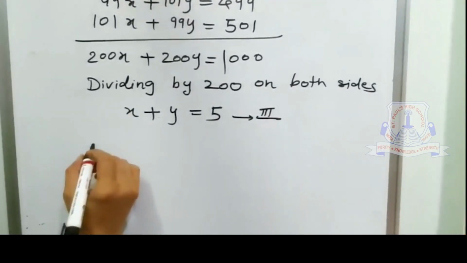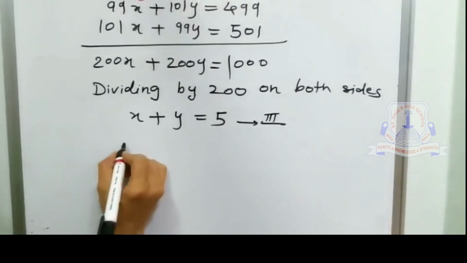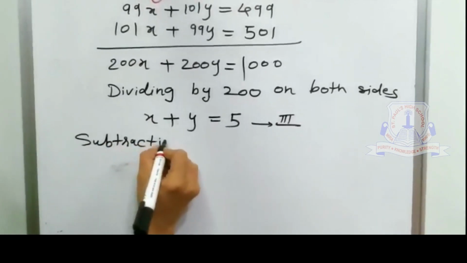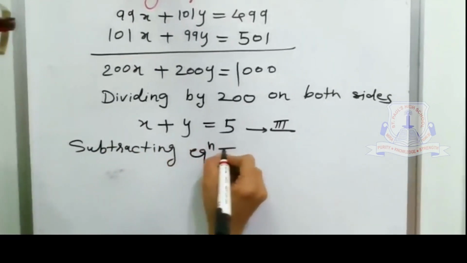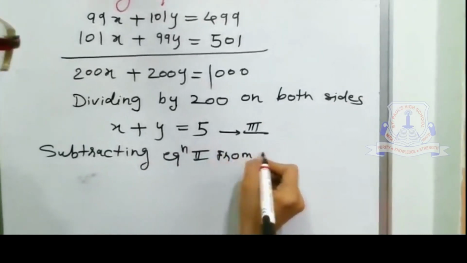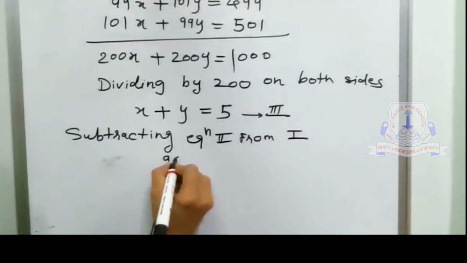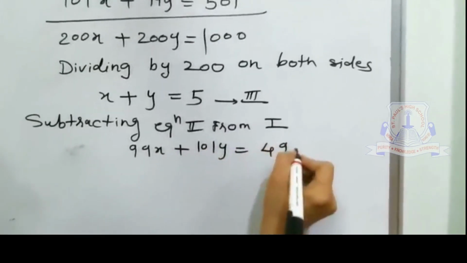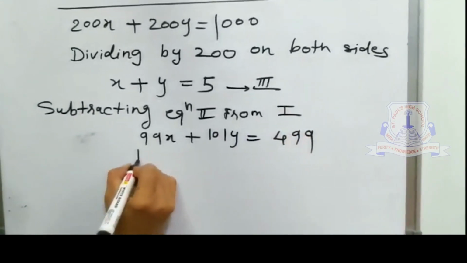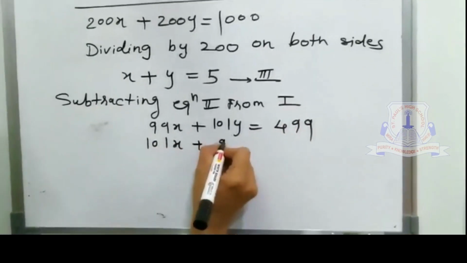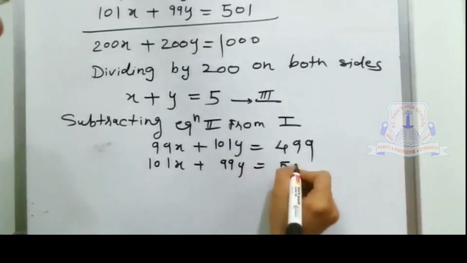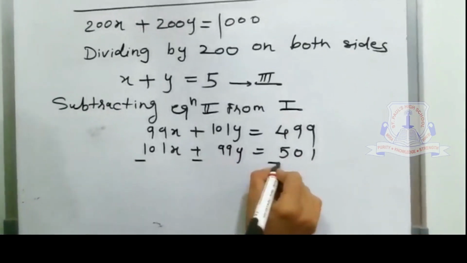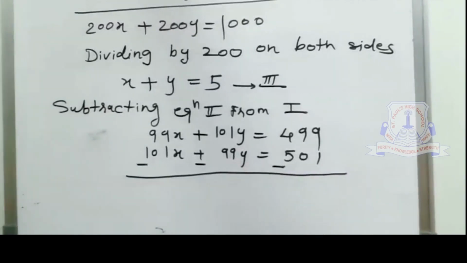Now, we can do subtraction also the same way. So, I am subtracting equation 2 from 1. Equation 1 was 99x plus 101y equal to 499. Equation 2, 101x plus 99y equal to 501. As we are doing subtraction, we need to change sign for each term of equation number 2.